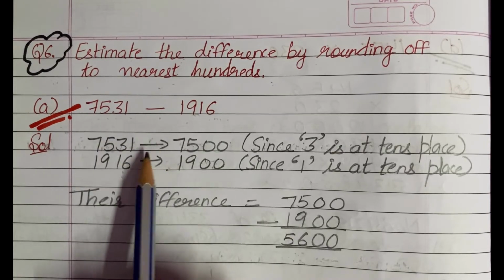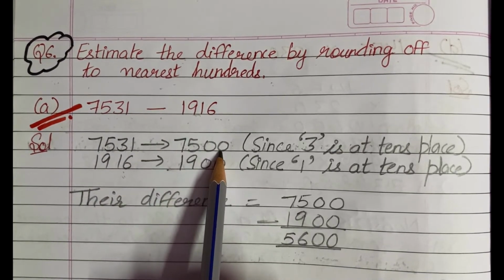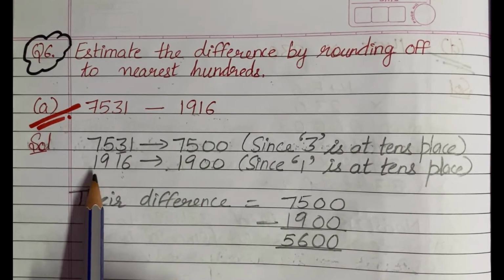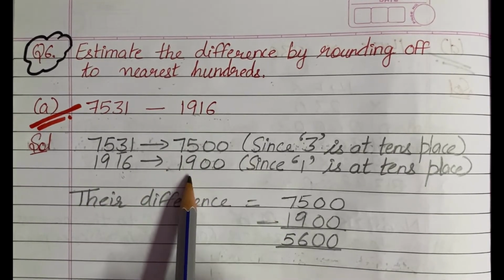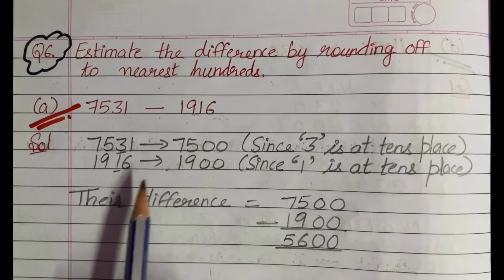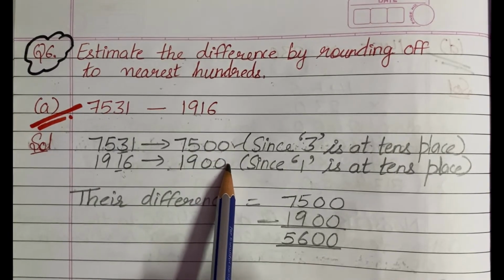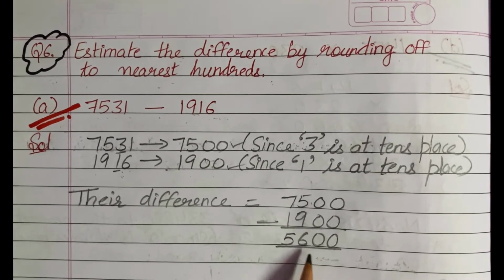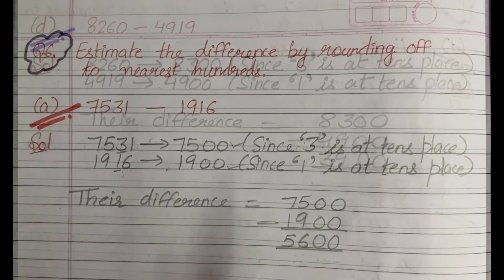On rounding off 7,531 we will get 7,500 since we have 3 at the tens place, and on rounding off 1,916 to the nearest hundreds we will have 1,900 since 1 is at the tens place. Now after this we will find the difference between 7,500 and 1,900, and on subtracting we will get 5,600 as an answer. Hopefully it is clear to you.